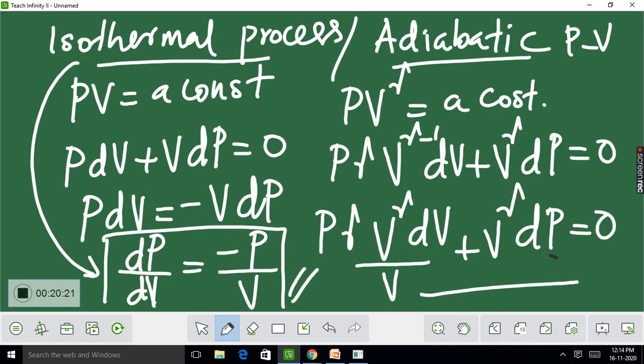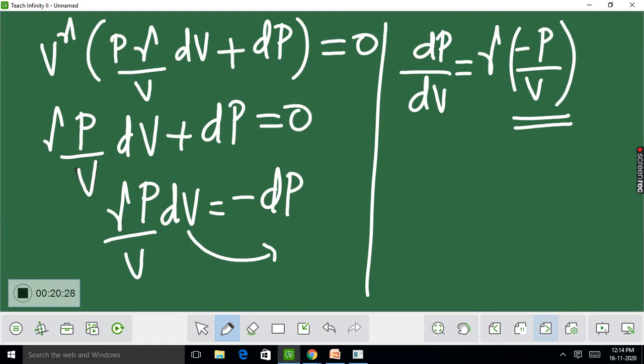It was the slope of isothermal PV diagram. So we have obtained the slope of adiabatic PV diagram. This is for adiabatic, and this is for isothermal.